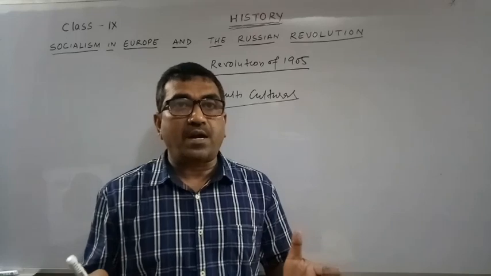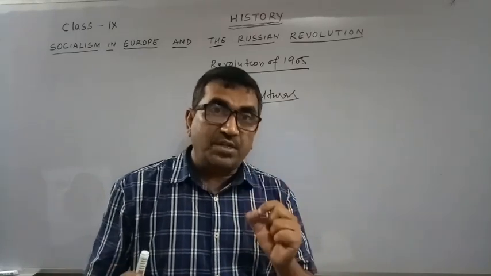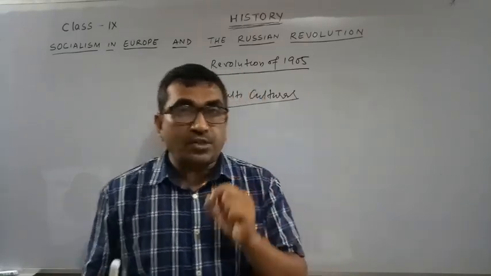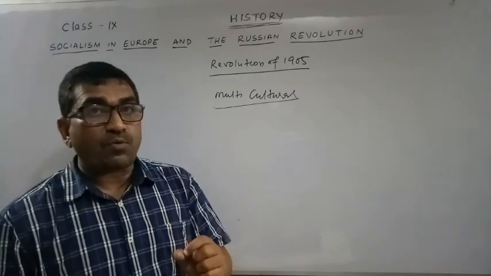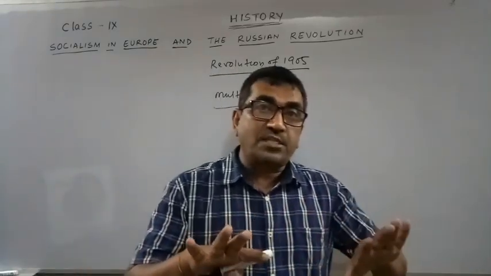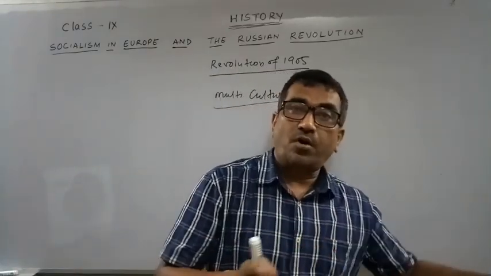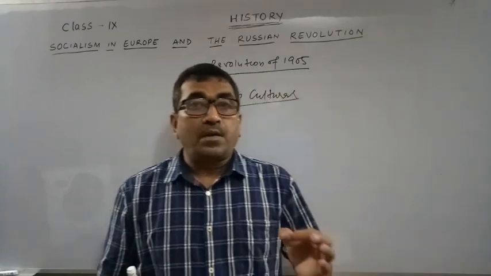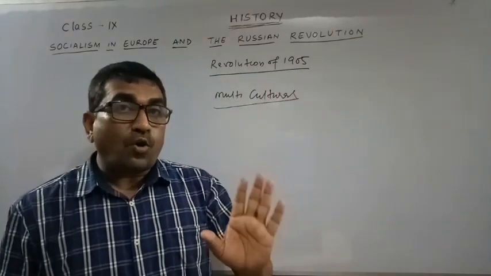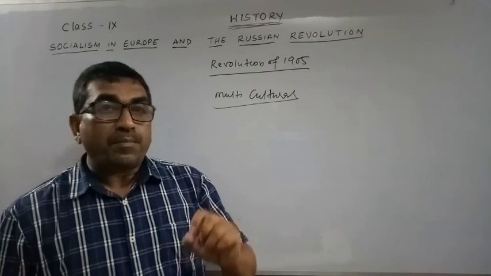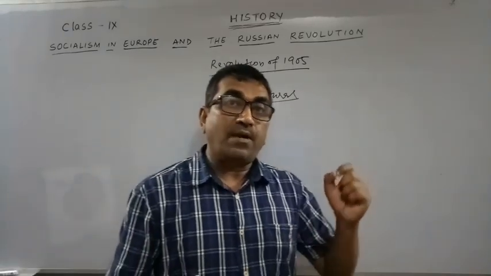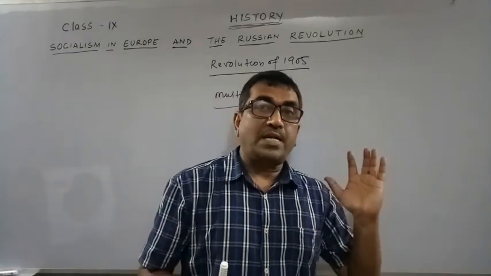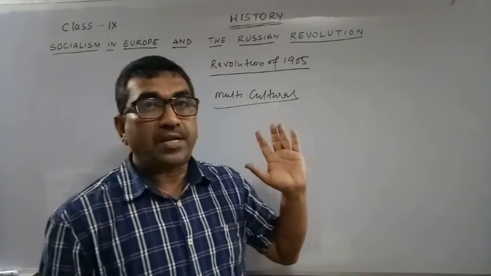They have been divided now. After the disintegration of Russia in 1991, 15 countries were made. But we are talking not of 1991, we are talking about 1905, almost 90 years back.